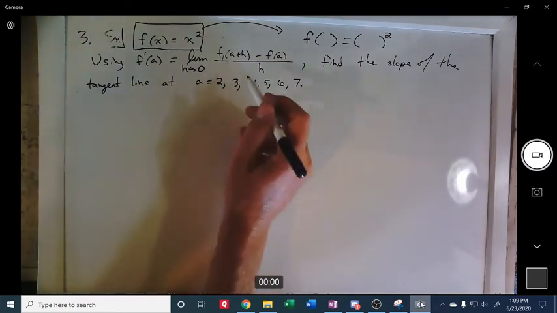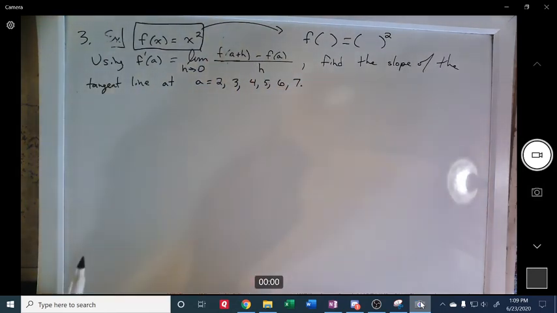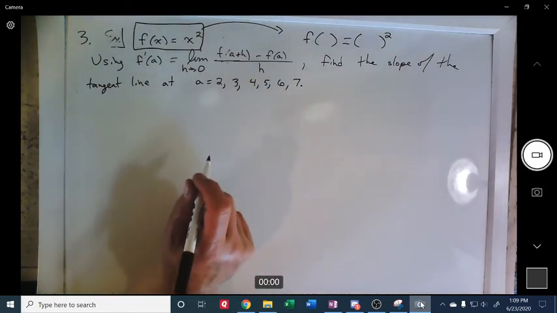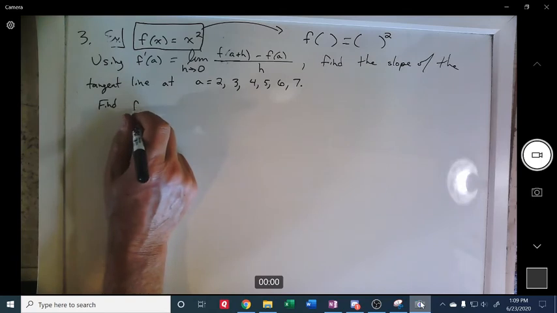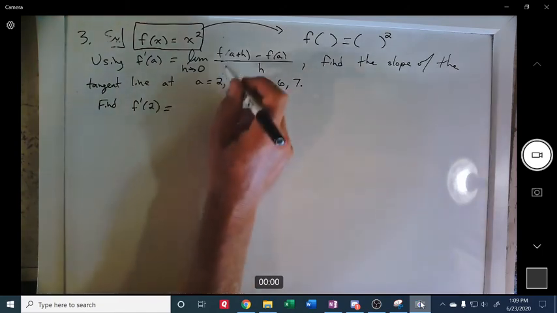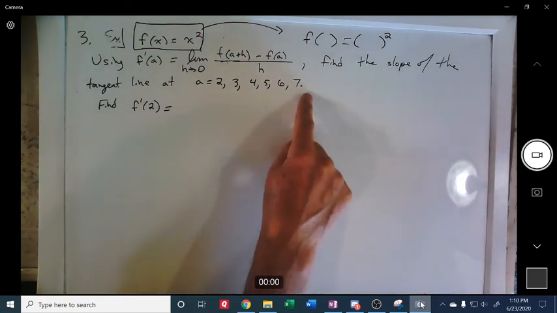I can do it in a general way at a. Before I do it at a, though, let's find f prime 2. Let's do it one more time with just a regular number. And then we're going to generalize it to f prime at any value a, and then we're going to get an answer that involves a, and then we'll be able to quickly fill in all of these values.